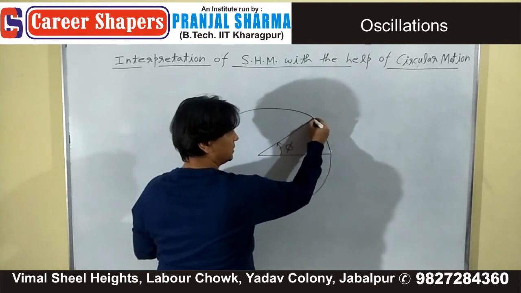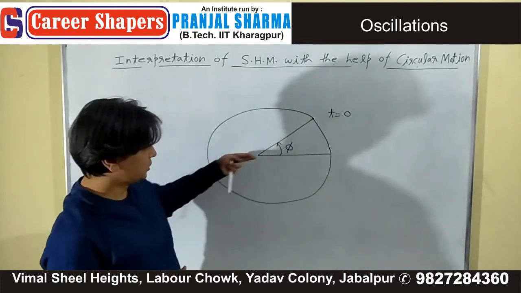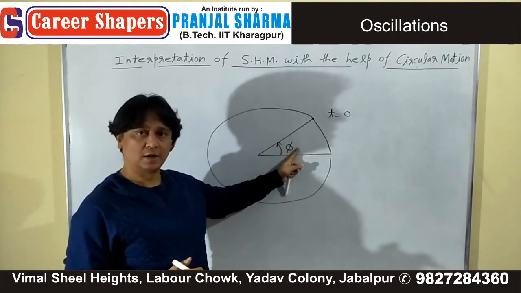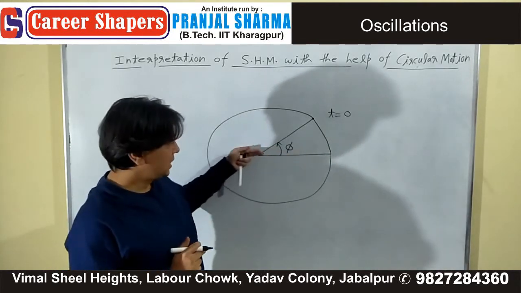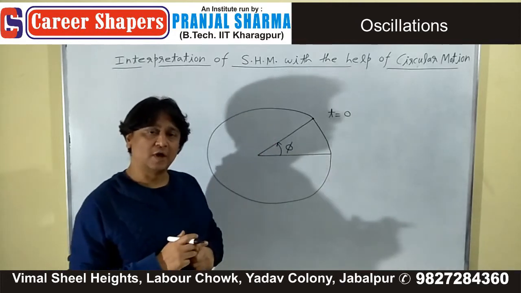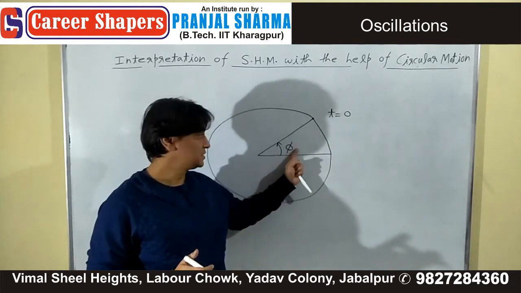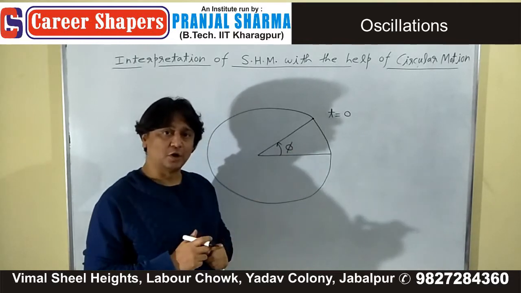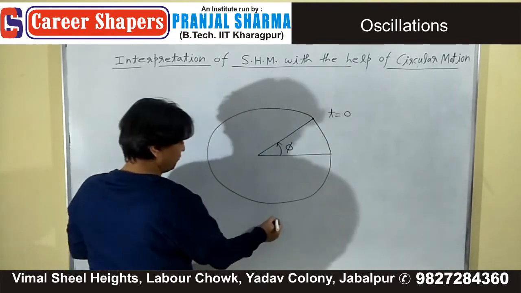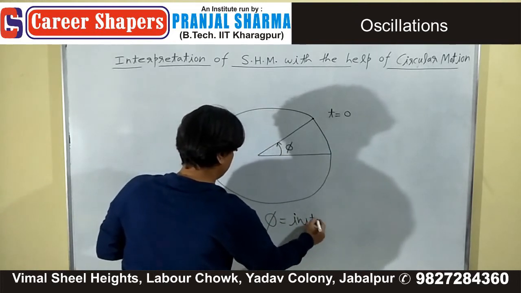Then you will say that at t equals 0, the angular displacement of the rod is phi, or that the initial phase is phi. So the phi which you saw in the general equation of simple harmonic motion is nothing but the initial phase.